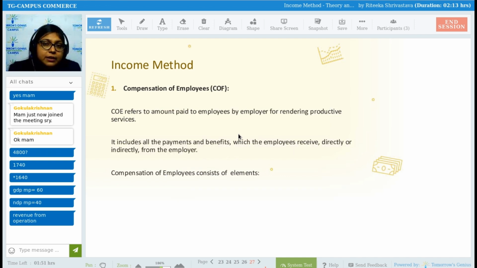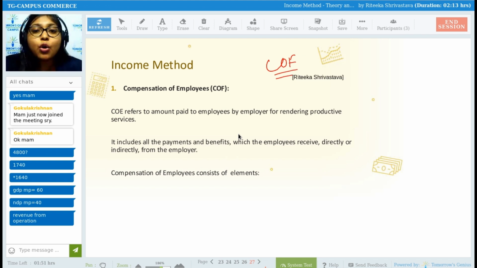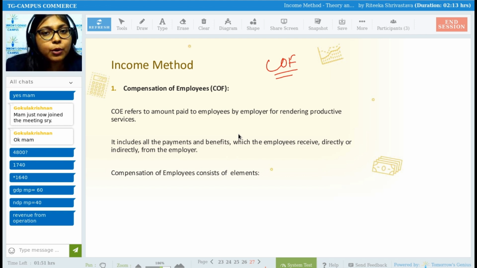So the first component of the income method is COE, that is compensation of employees. We know who the employees are. Employees are the people who work for somebody else. Since they are providing their services, they get compensation.